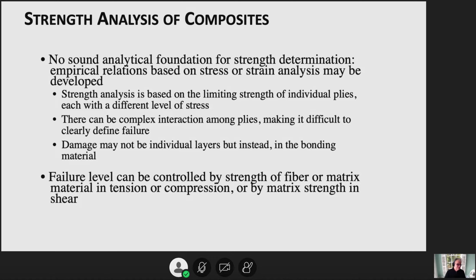Or we say, as long as the first ply fails, we stop. So there are a lot of assumptions that go into this. That is the reason why this is one of my least favorite topics, because it's just one assumption after another, invoking one engineering approximation after another. This is on top of all the analytical work that we do.